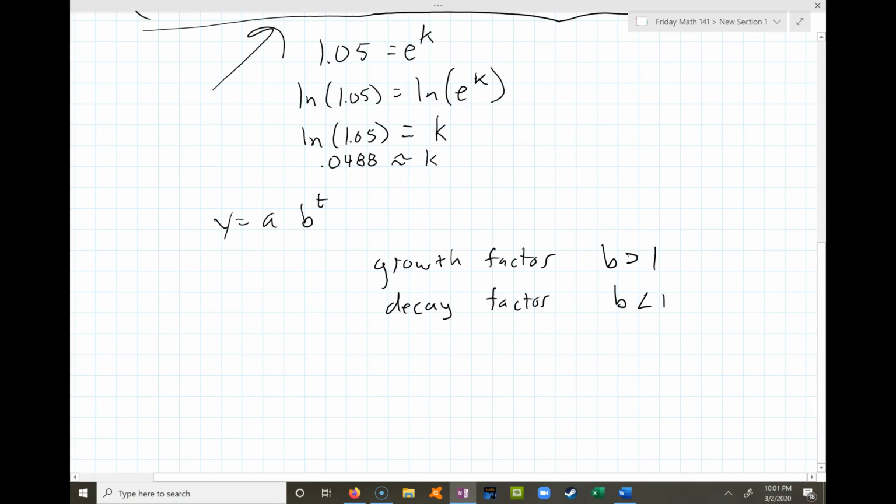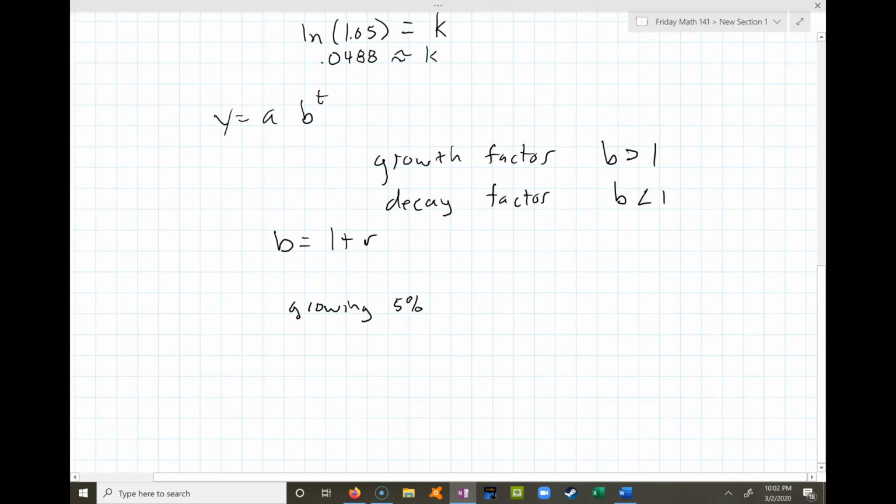So what is the relationship between growth factor and growth rate, or decay factor and decay rate? That's a very good question. Glad you asked. So the connection is b is always equal to 1 plus the growth rate or the decay rate. For example, if something is growing 5% a month, that means that every month we're going to have 5% more than we had the last month.